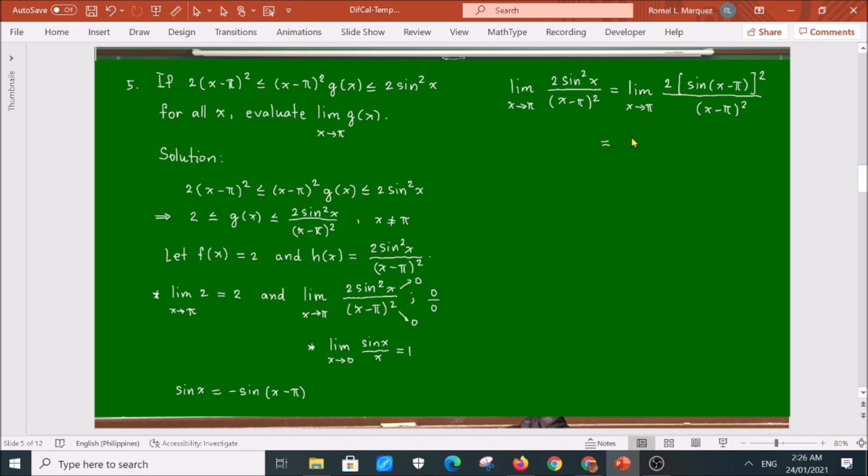as x approaches pi. So this is equal to the limit of 2 as x approaches pi times the limit as x approaches pi of sine of (x minus pi) over (x minus pi), quantity squared.